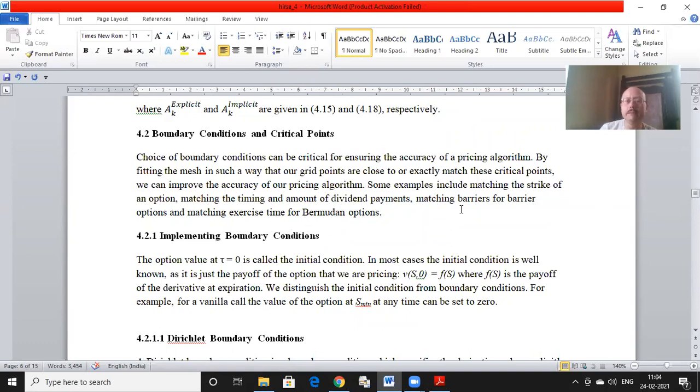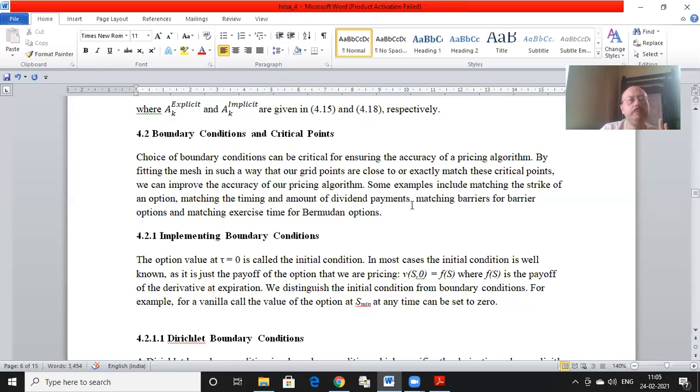A standard example is, I want to match the strike of an option. If the strike is exactly matched, then of course I have a better approximation. And the strike is known deterministically at the start of the contract. We also want to match the timing and amount of the dividend payments. Typically, dividend payments are uniform in nature. They are prefixed in calendar time, like every quarter or once every 6 months.